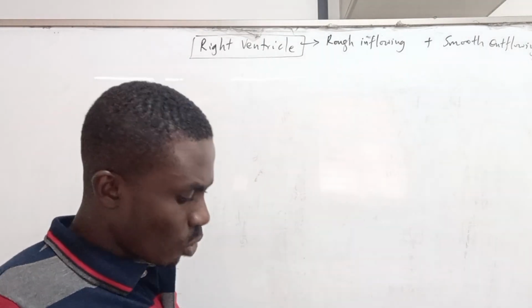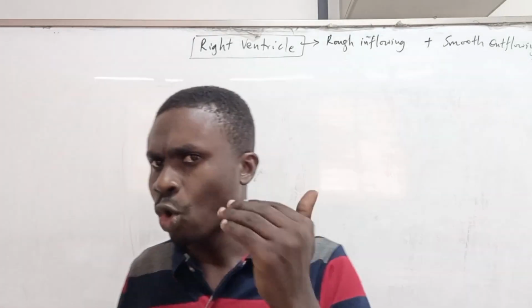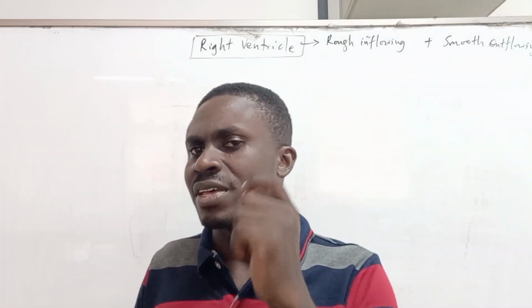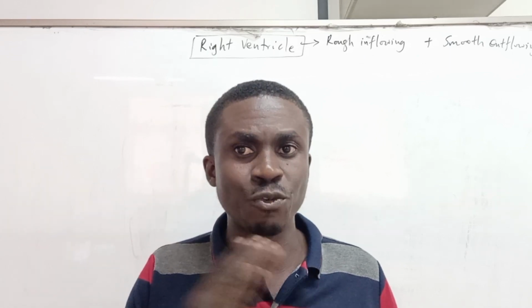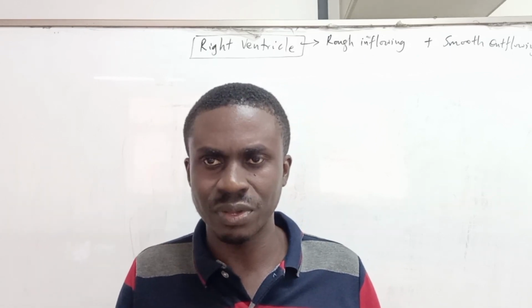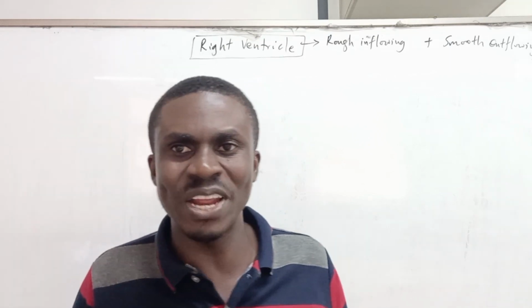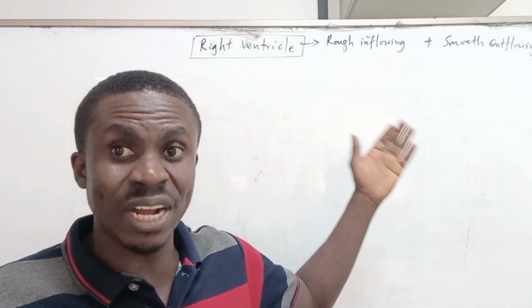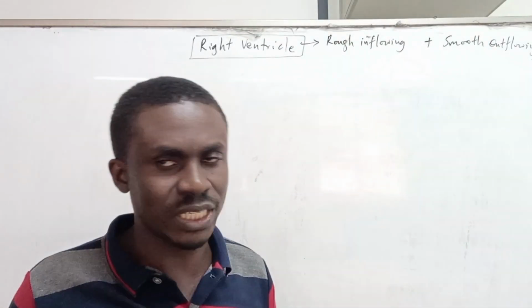Another point. Unlike the left ventricle, where the smooth and rough parts do not have a physical separation, in the case of the right ventricle there's something we call the supraventricular crest, separating the rough and the smooth portions.